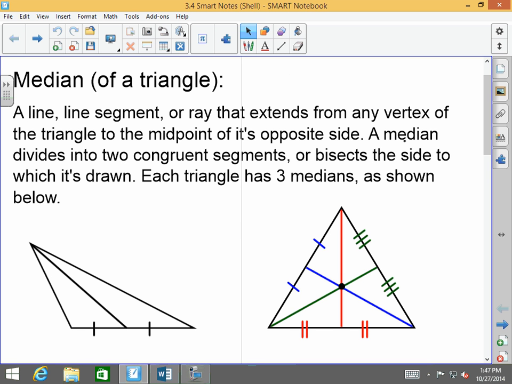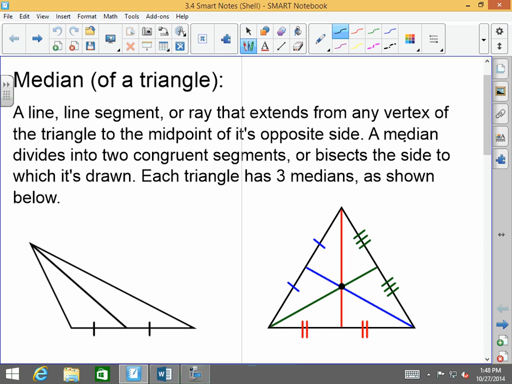So in other words, a median divides the side into two congruent segments, or bisects the side to which it is drawn. Each triangle could potentially have three medians, as shown below.